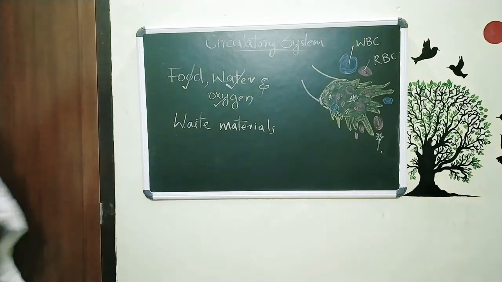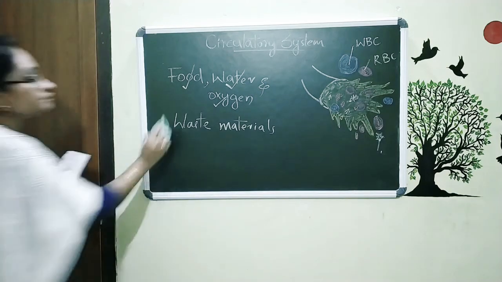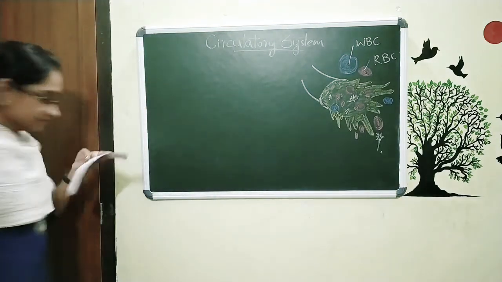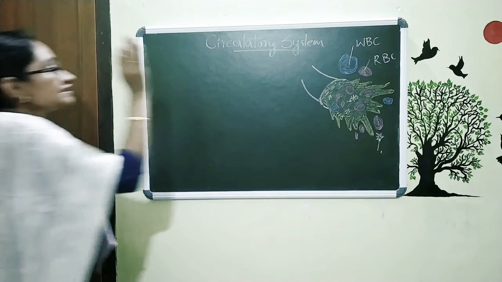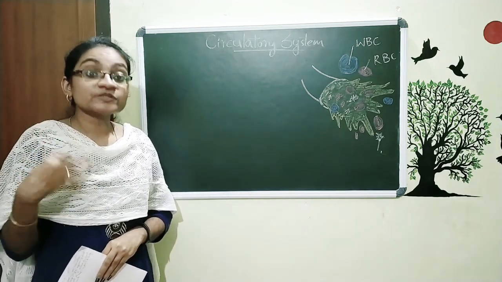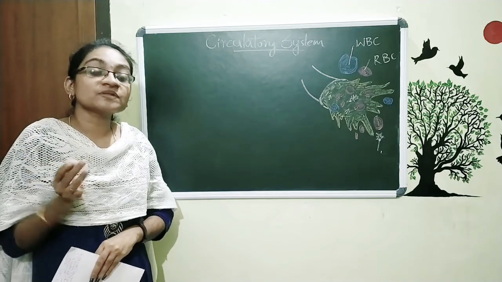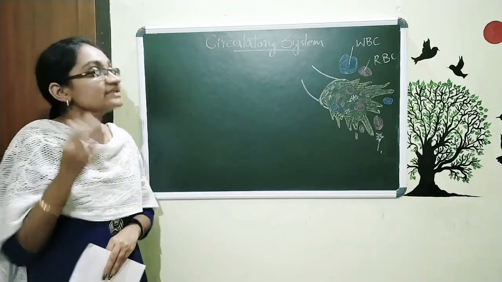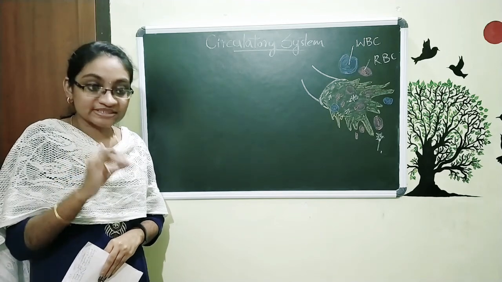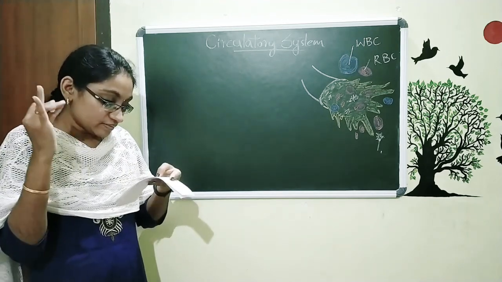Now, we can define the circulatory system as the system that transfers the useful things and the harmful things in our body. The useful things include water, oxygen and digested food.